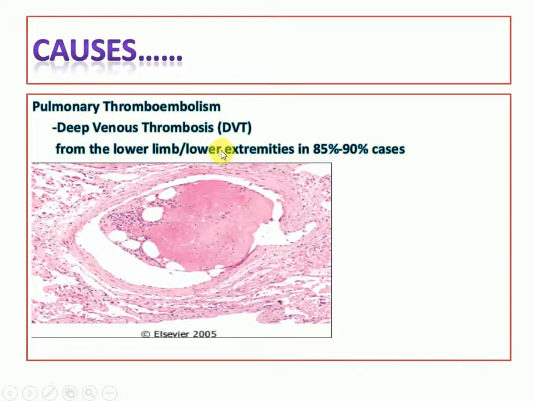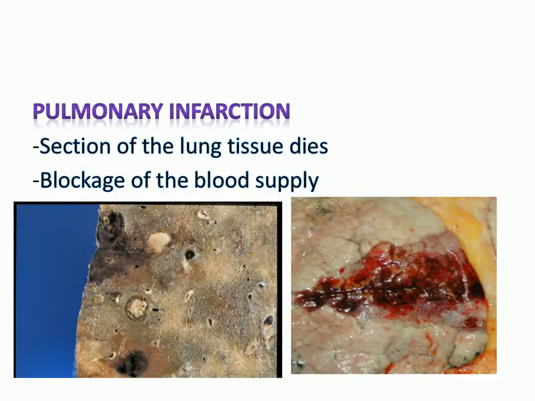This will go to the lungs and then lodge in any part of the lung, for example the pulmonary trunk, and then it will cause the blockage of blood supply to certain parts of the lung. What happens after the blockage of blood supply to the lungs is what we call pulmonary infarction, and this is shown here, the pulmonary infarction.